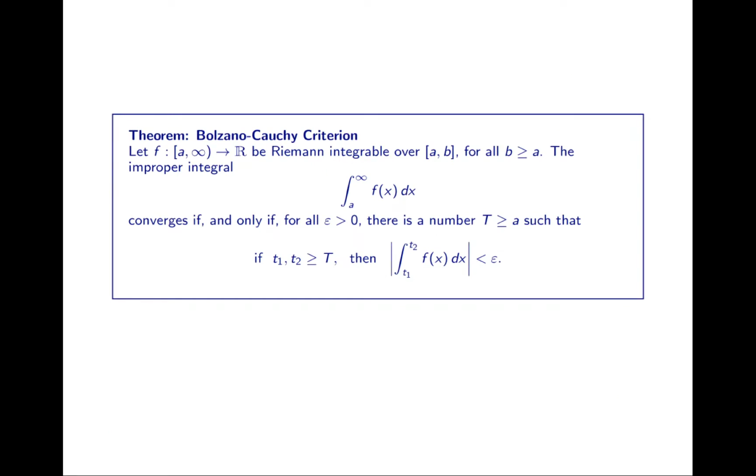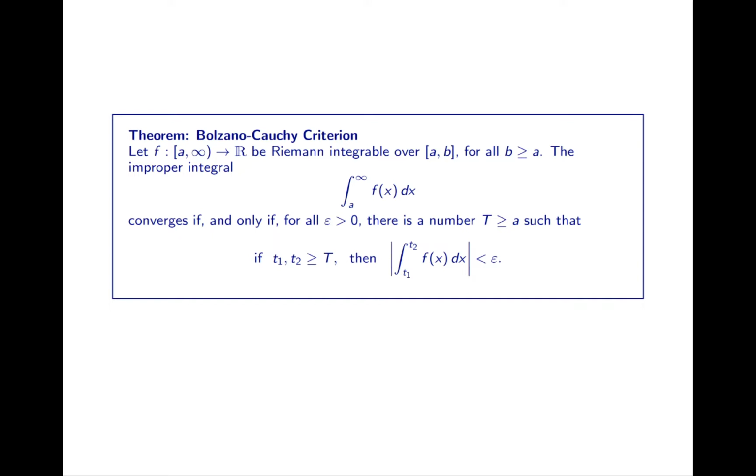The Bolzano-Cauchy criterion. So let f be Riemann integrable from a to infinity. So this is an improper integral, but we're assuming that it's Riemann integrable over any closed interval a to b, where b is any number to the right of a.